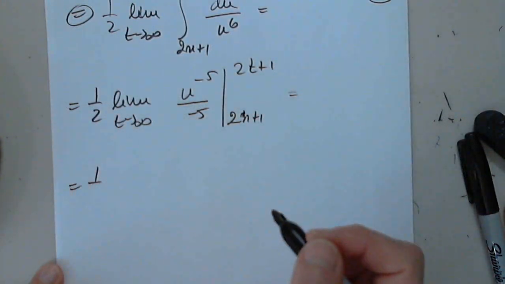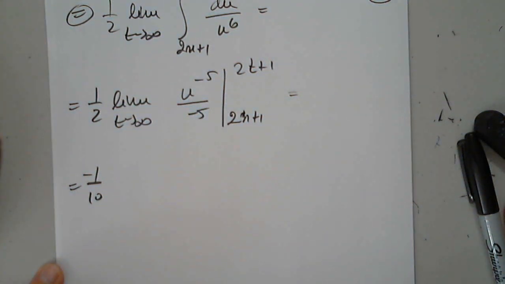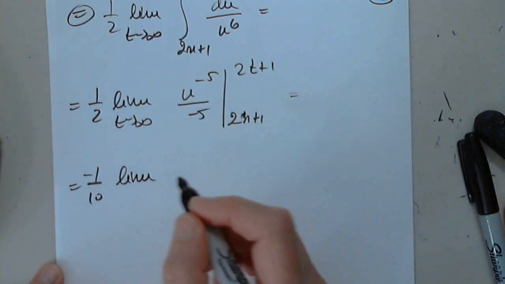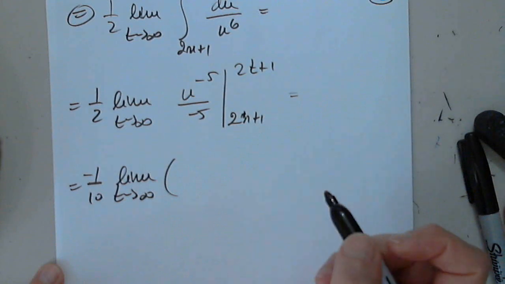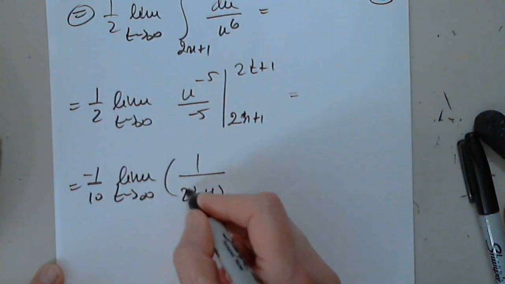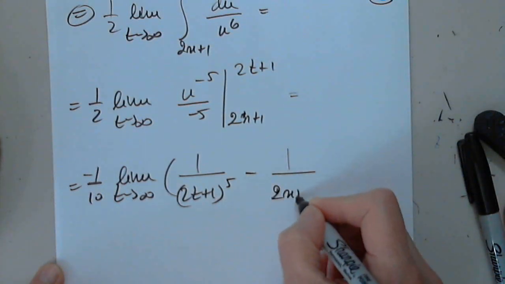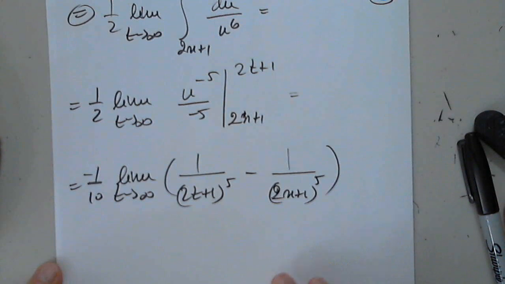Good. So negative 1/10, and we have limit as t approaches infinity of 1 over (2t plus 1) to the fifth minus 1 over (2n plus 1) to the fifth.